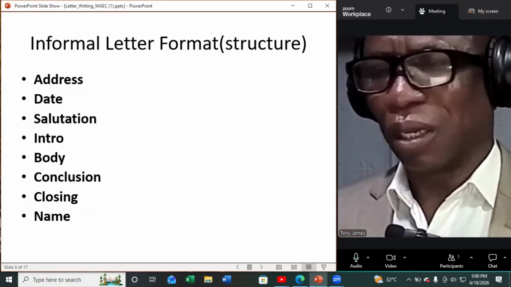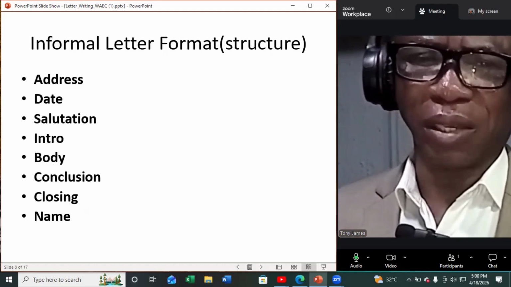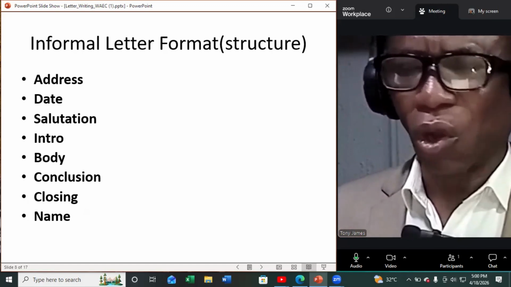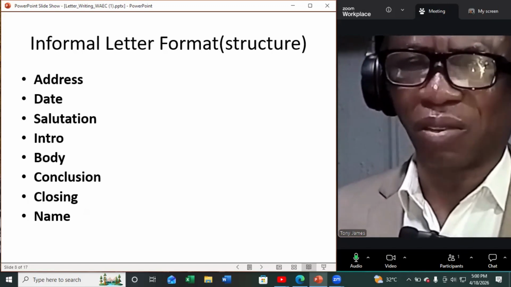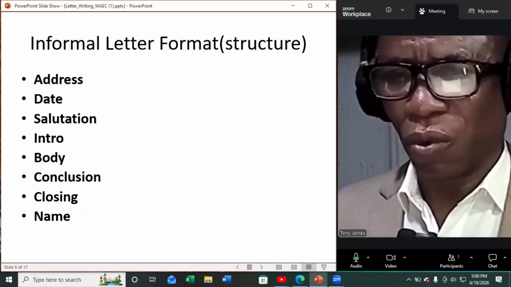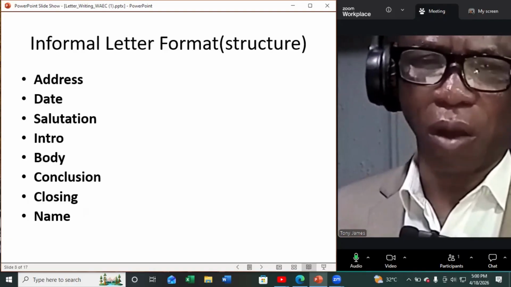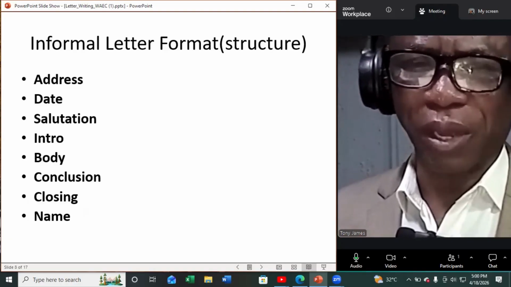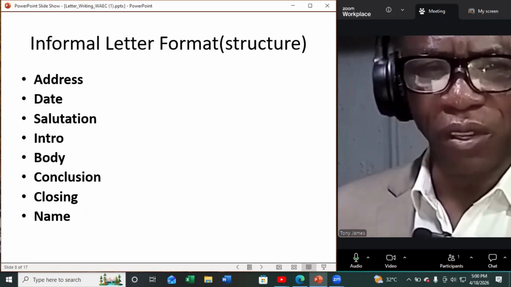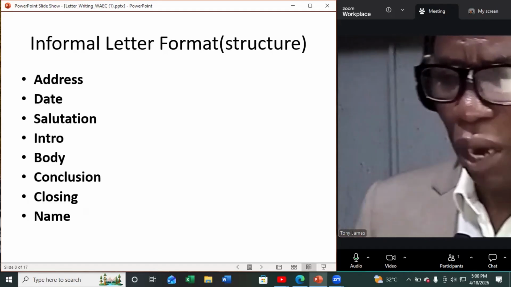Then after the dear Olu or dear mommy, comma, you now do an indentation. Let's take note, your indentation may not necessarily be at the point of the comma after your dear Olu. You can have dear Olu that measures up to maybe some space, and just move a little space in the next line to show your indentation. So let's take note of this.